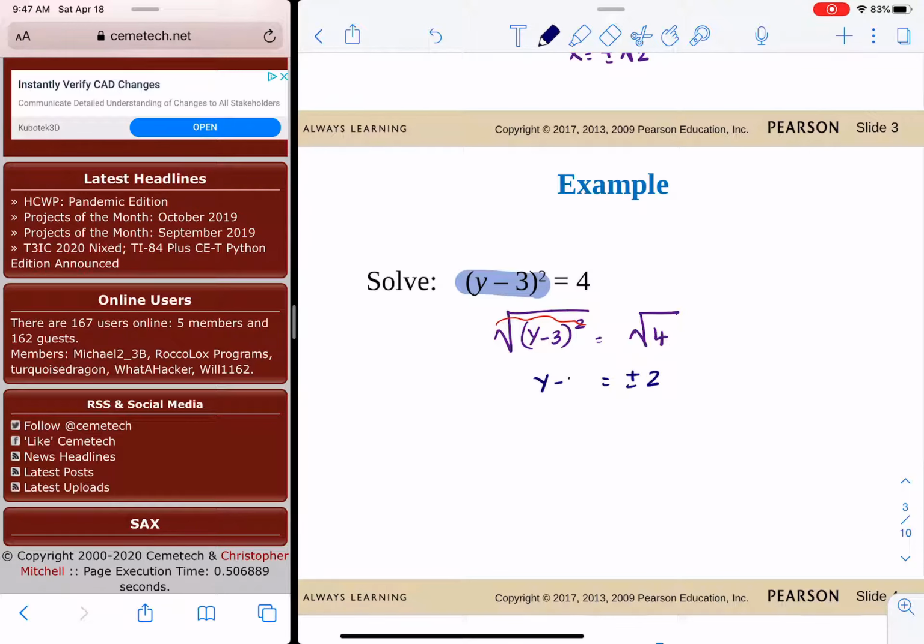So y minus 3 would equal plus or minus 2. Move the 3 to the other side. y would equal 3 plus or minus 2. So the two solutions are y equals 3 plus 2 and 3 minus 2. 3 plus 2 is 5, 3 minus 2 is 1. So those are the two solutions for the equation.